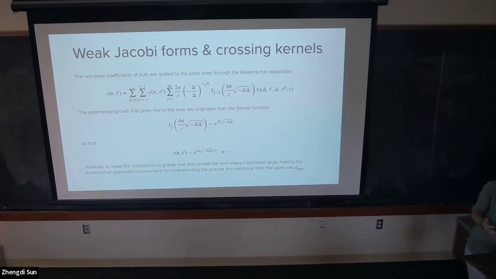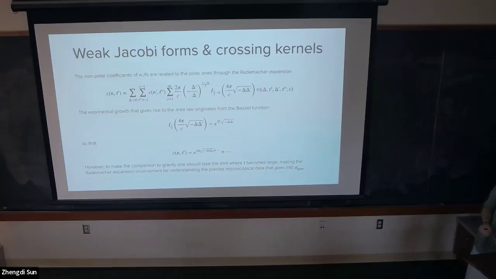However, to make the comparison to gravity more transparent, the Rademacher expansion is not very convenient, because to go to a semi-classical limit, you have to make the index t very large. And in that regime, this combination of functions becomes very complicated to evaluate.